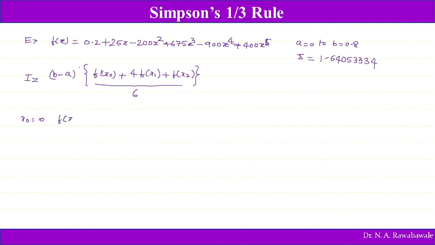Therefore, f of x naught is equal to 0.2. Then x1 value we take as 0.4. Then f of x1 is equal to 2.456. And x2 value is equal to 0.8. Then f of x2 is equal to 0.232.